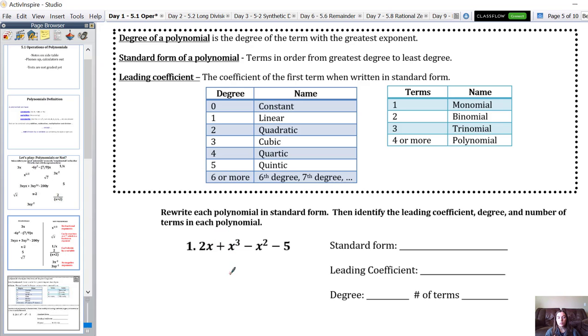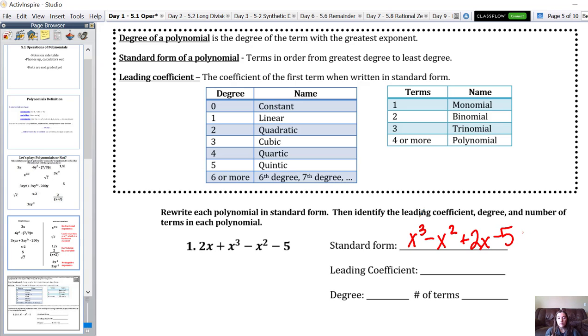In these examples, we're going to rewrite each polynomial in standard form, then determine the leading coefficient, degree, and number of terms. In standard form, we need our degrees to go from highest to lowest. So the highest degree here is 3, so we're going to start with that x cubed. Then I see an x squared, so minus x squared. Then we've got plus 2x, and minus 5.